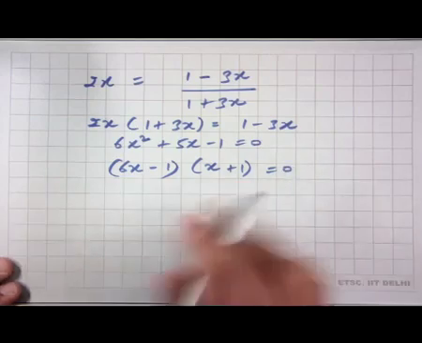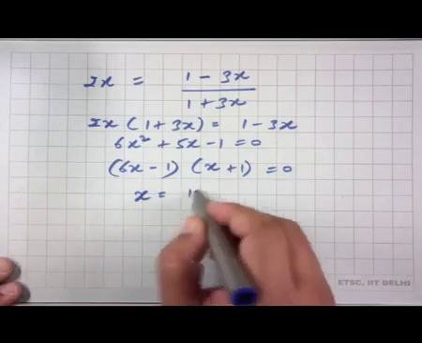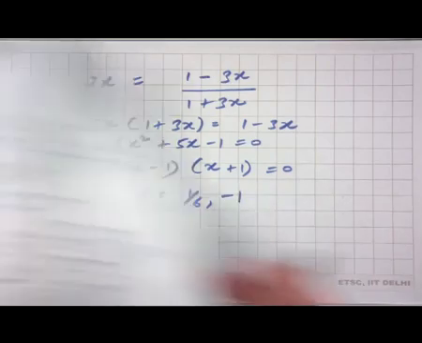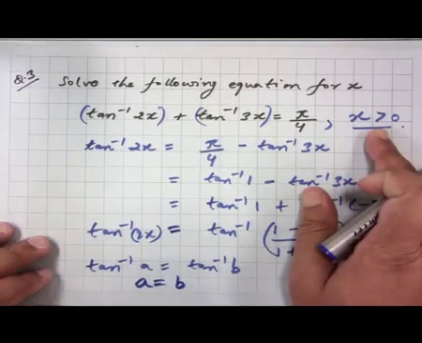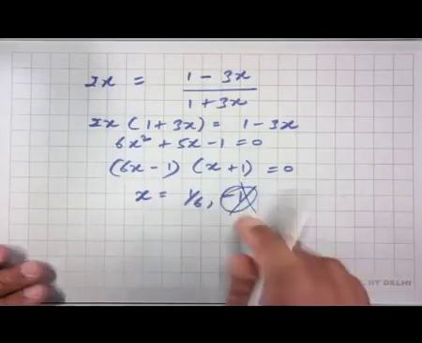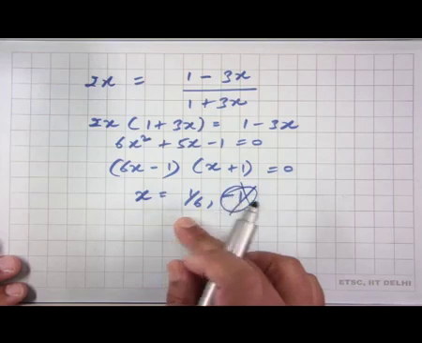So there are two solutions: x is either 1 over 6 or minus 1. But we already know that x must be greater than 0, and therefore minus 1 is not a valid solution. So the only possible solution is x equal to 1 over 6. This is the final answer.